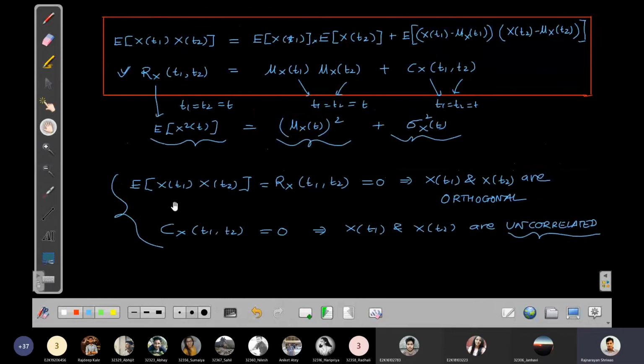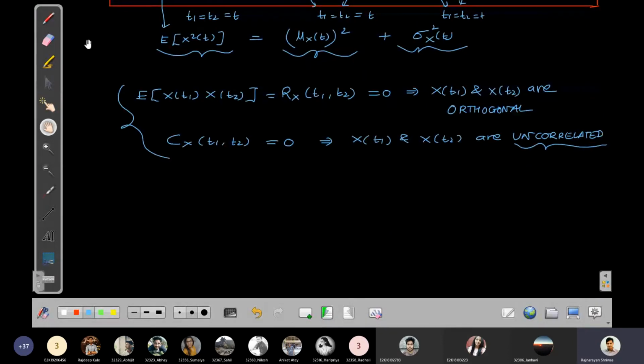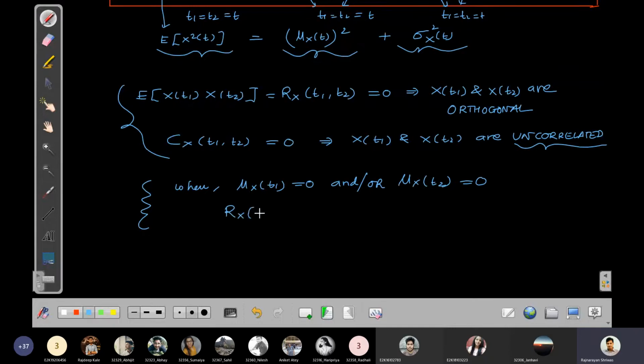And one more thing, when one of the means is 0, if mu xt1 is 0 or mu xt2 is 0 or both are 0, then correlation becomes simply covariance. So that I want to write here. So when mu xt1 is 0 and or mu xt2 is 0, then autocorrelation is the same as autocovariance, that is t1 comma t2.